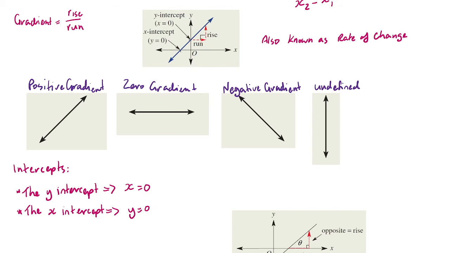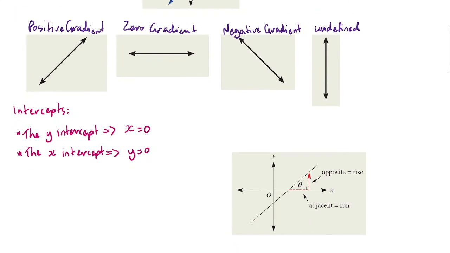So far we've looked at some gradient, we've looked at the intercepts, and now we're going to have a quick look at something that is a little bit more advanced in terms of the gradient. In terms of the gradient, we could actually use trigonometry. If we're given an angle instead of sides, we can use our trigonometry.